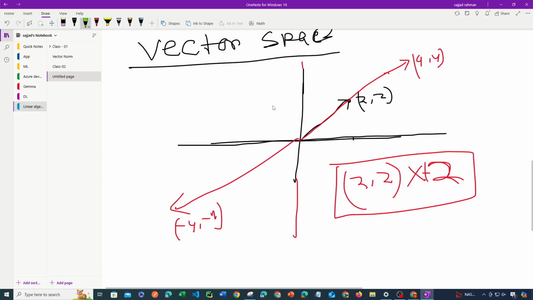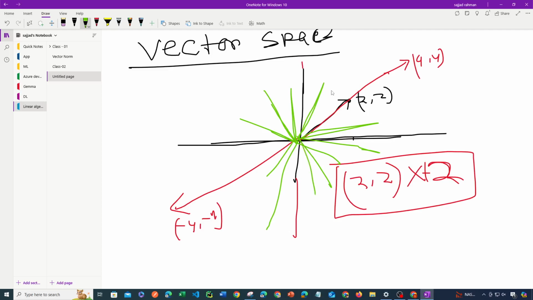Also, last day, if you remember from the previous session, I told you about all the possible elements available in the vector space, like scaling, stretching, or shorter values, all are possible vectors within this space.